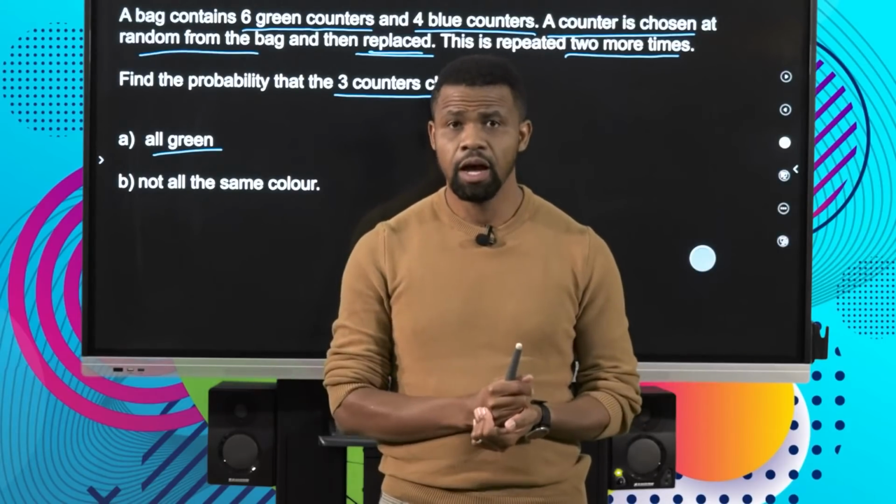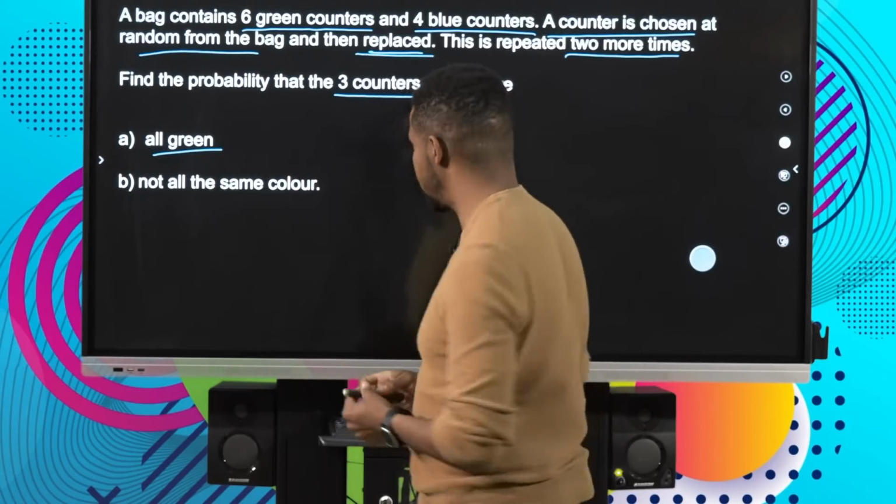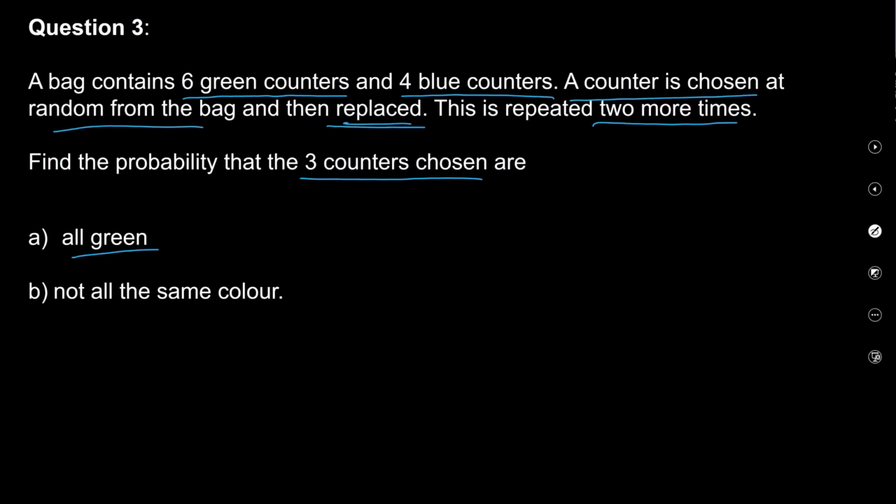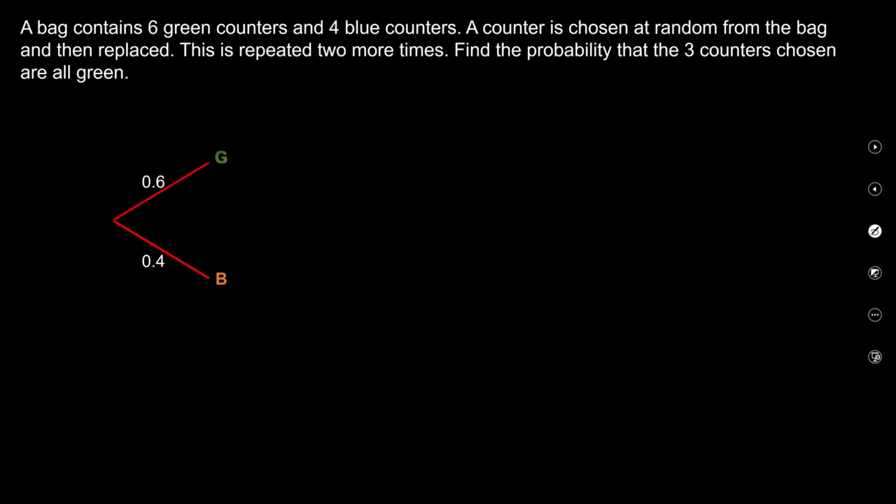How do we draw a tree diagram? Let's see how we can draw a tree diagram. Because a bag contains 6 green and 4 blue, we have 10 in a bag. What is the chance of getting green? Green is 6 out of 10, and 6 out of 10 is 0.6.